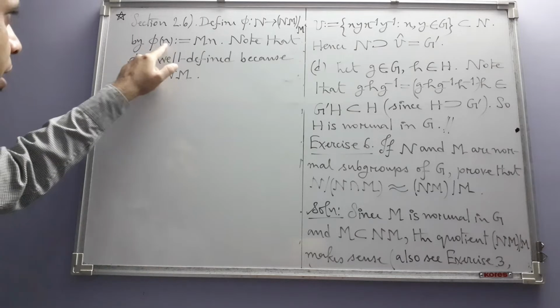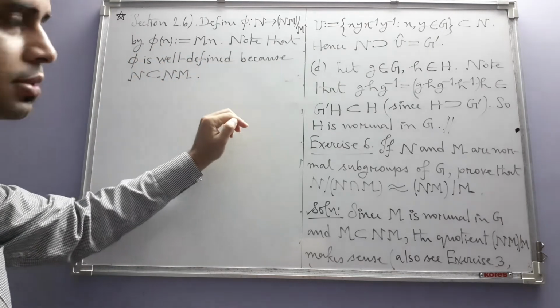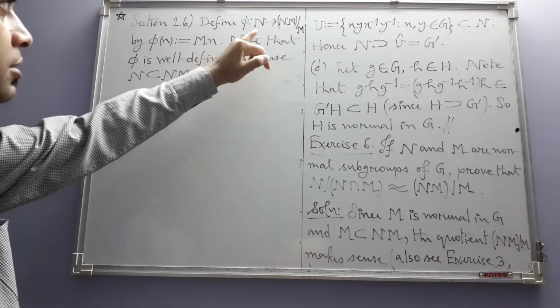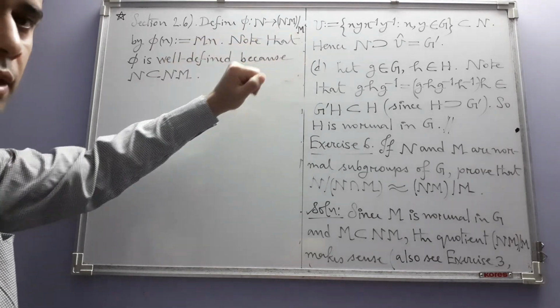Also, phi is a homomorphism because M is normal in NM.